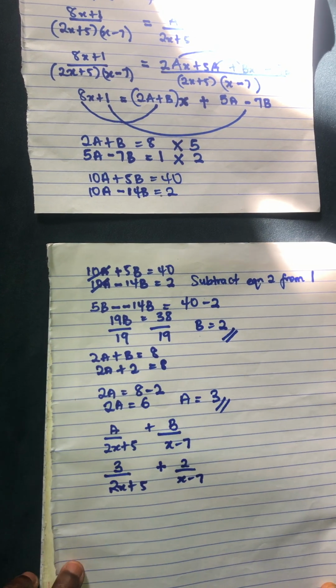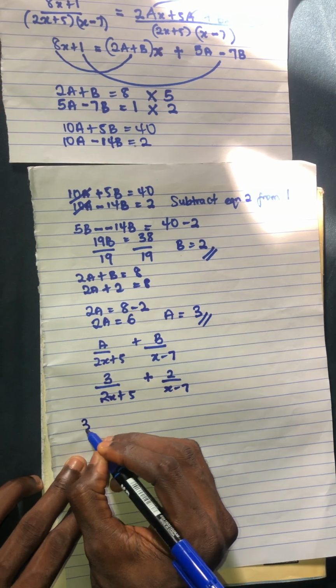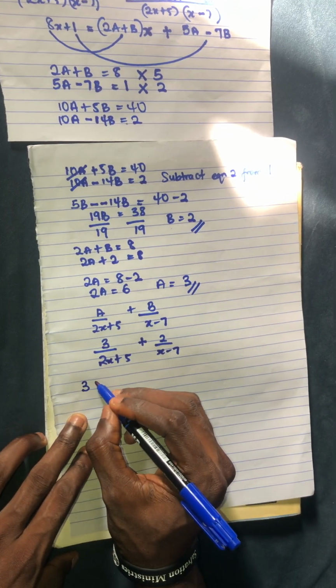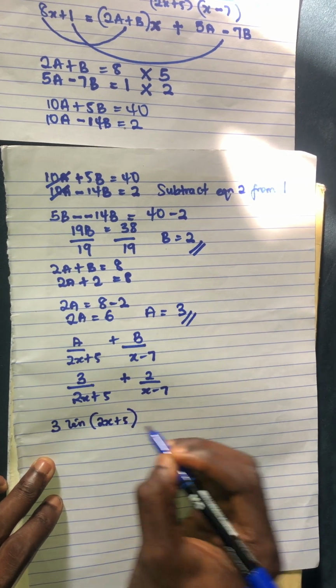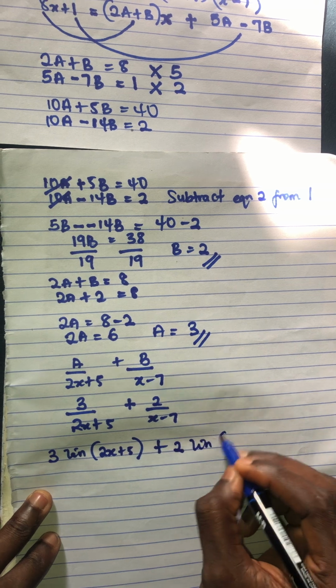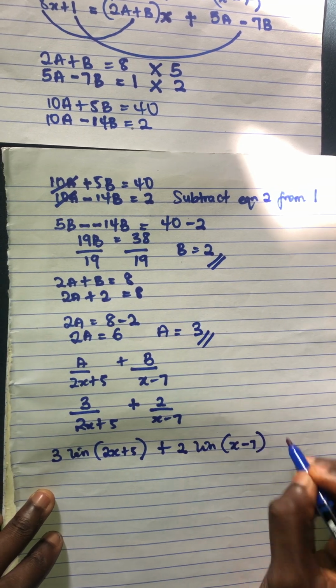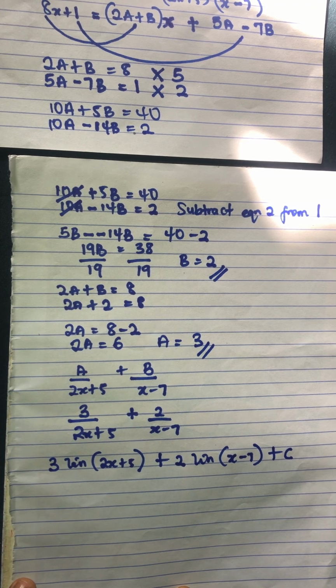So to put it in integral form now, I will just say 3 ln open bracket 2x plus 5 plus 2 ln open bracket x minus 7 plus c, and that's our final answer. I believe you followed through.